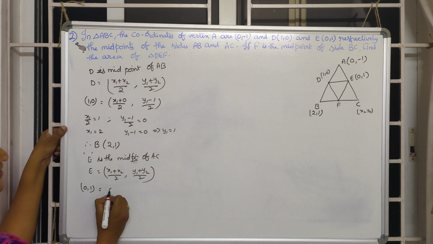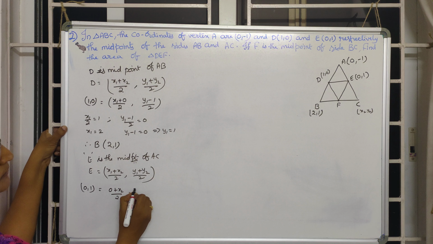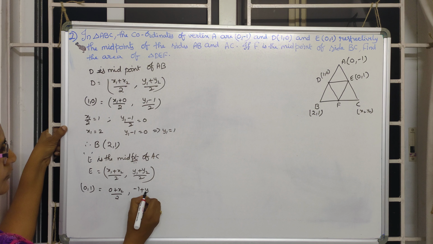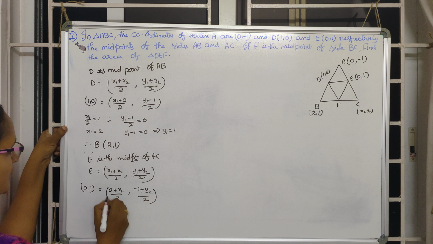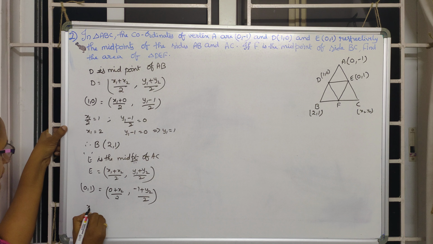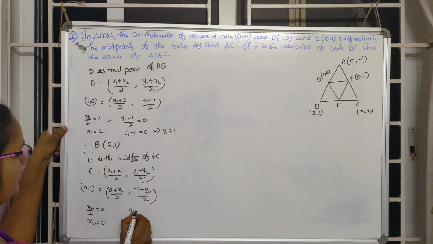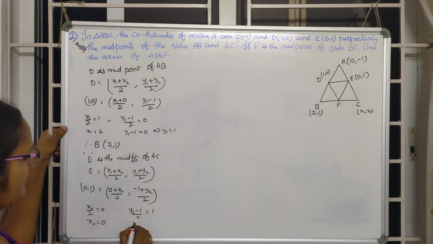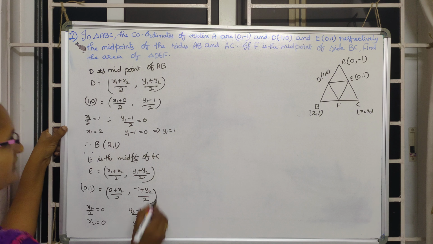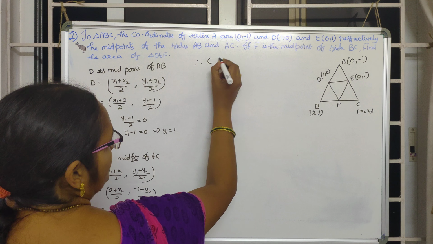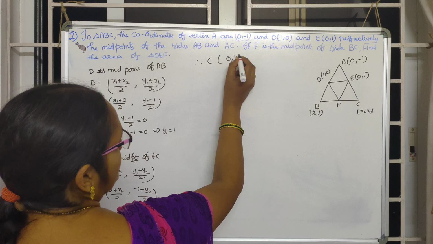So (0 plus x2) by 2 comma (y1 minus 1 plus y2) by 2. Then equate them. x2 by 2 equals 0, so x2 equals 0. (y2 minus 1) by 2 equals 1, y2 minus 1 equals 2, y2 equals 3. Therefore, coordinates of C are (0, 3).